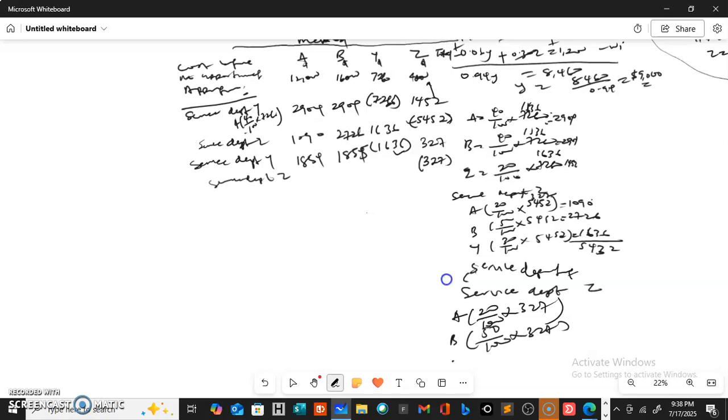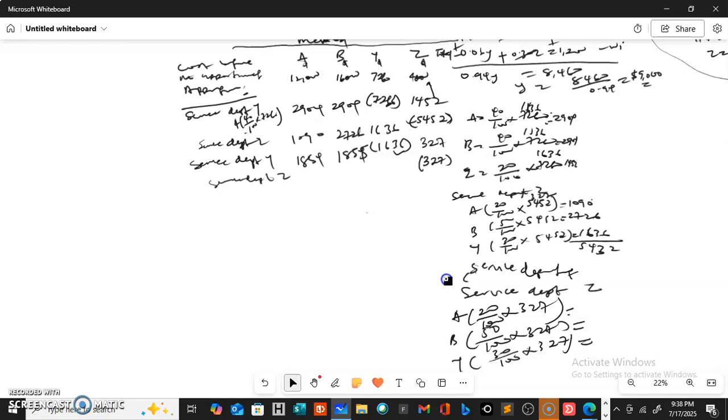And we're also going to apportion 30% to Y. So 30 over 100 times 327.